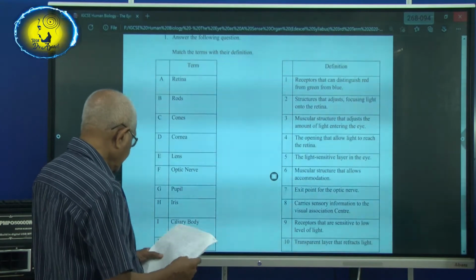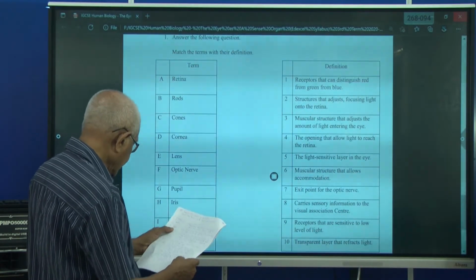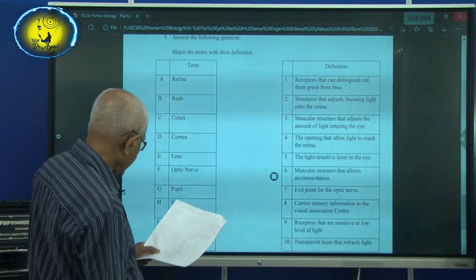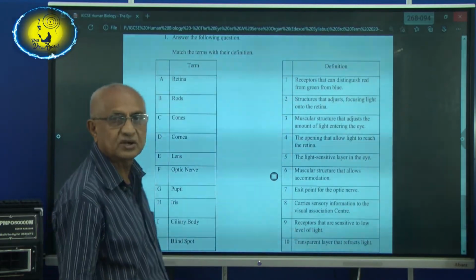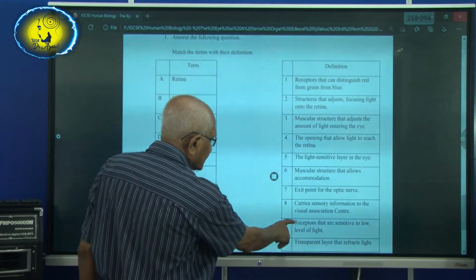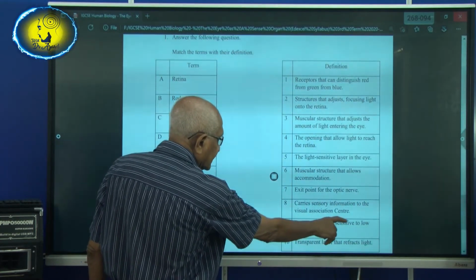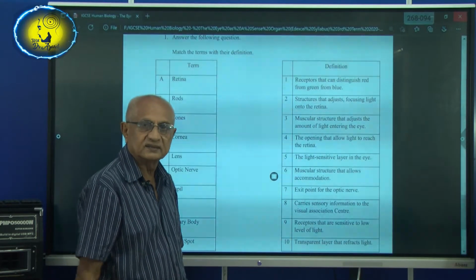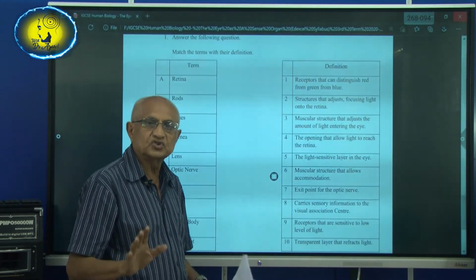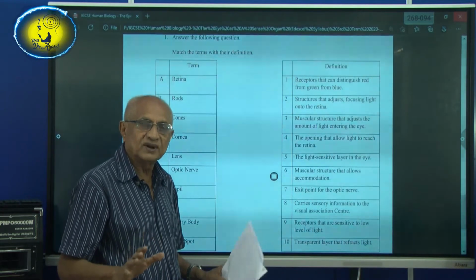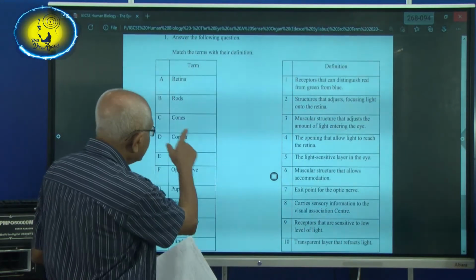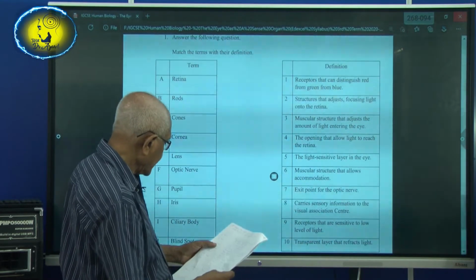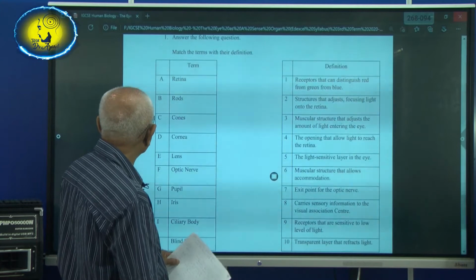Then we look at B. What is B? Rods. What is the function of the rods? Receptors that are sensitive to low levels of light. So connect this in your assignment. Then we look at C, cones.